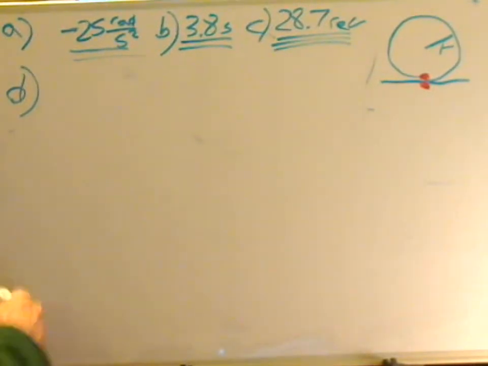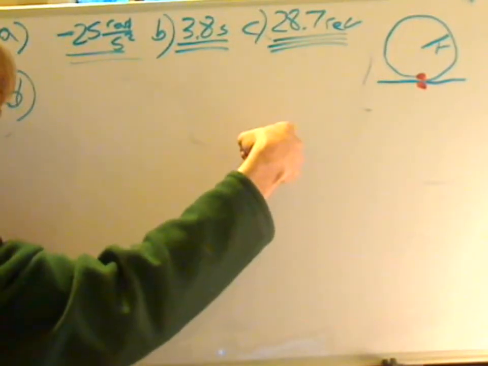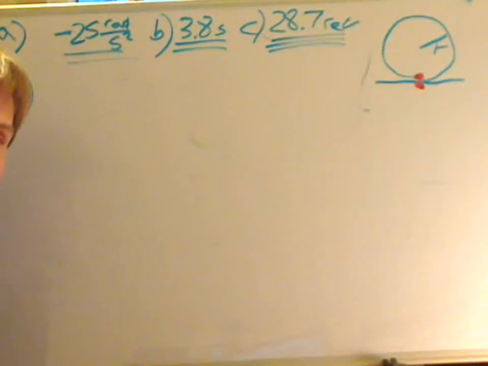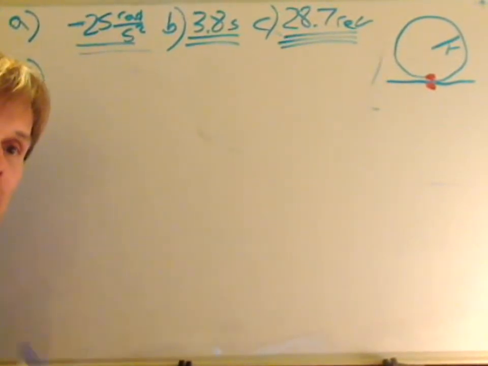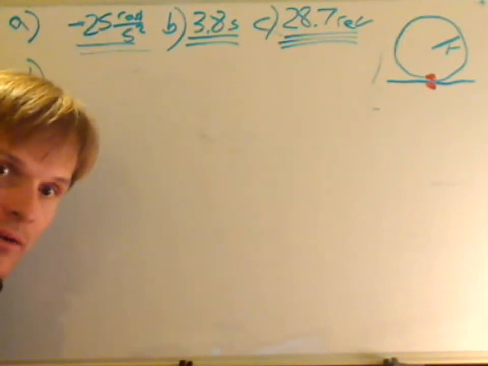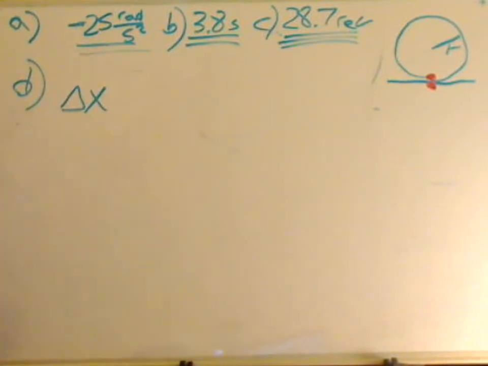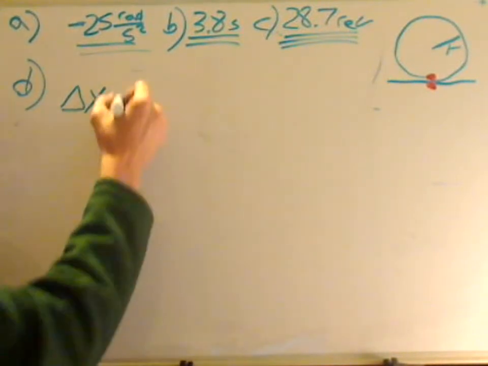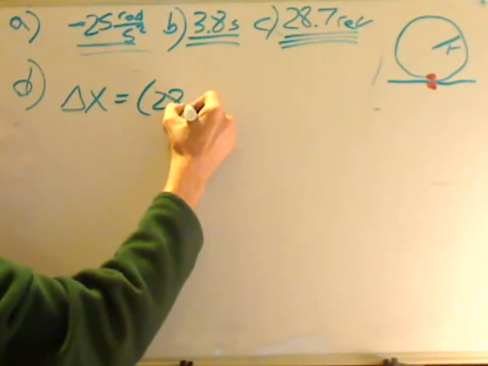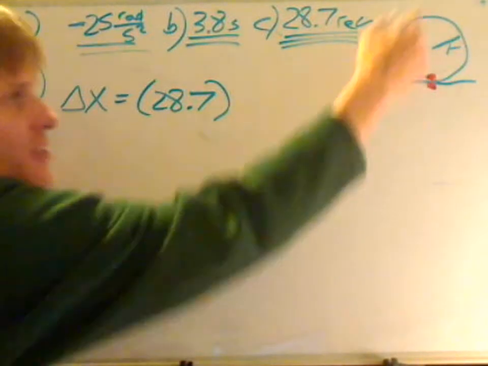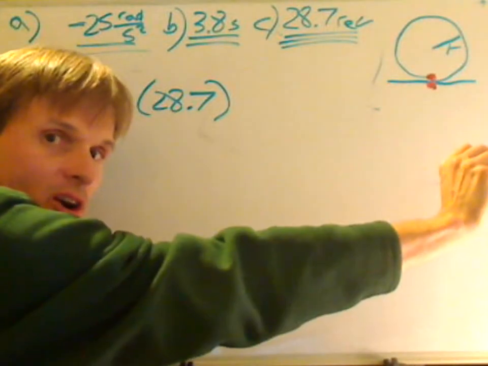Well, if the wheel has gone through 28.7 revolutions, if we figure out the amount of distance that's covered, that will give us how far the car has gone. So in other words, if we want to know the total distance that the car has gone, we have to multiply the number of revolutions of the tire times the circumference of the tire. Okay, that'll tell us the total distance the car has traveled.